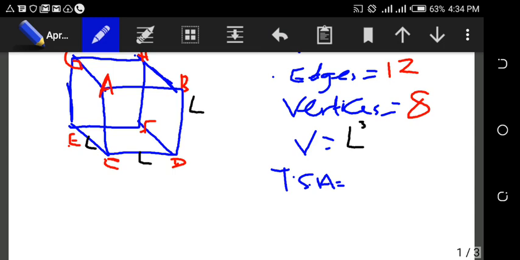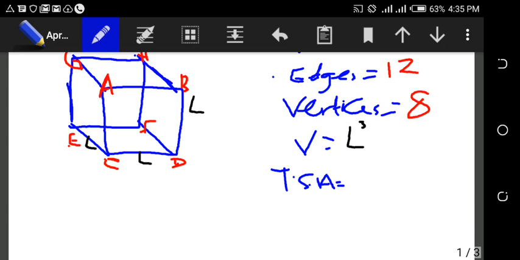Whatever the length is, raise it to the power of 3, and that will give us the volume. And of course it has to have the cubic unit, your cm cube, meter cube, and all that.